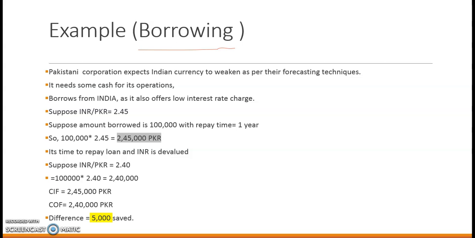So suppose the country is India, and we are planning to borrow 100,000 rupees from India, and the tenure is 1 year, and the current rate of INR and PKR today is 2.4. The interest rate, for your simplicity, I have taken as 0%, which will help you understand the basic phenomenon of how appreciation or depreciation works. So the interest rate is 0% for the 1 year period.